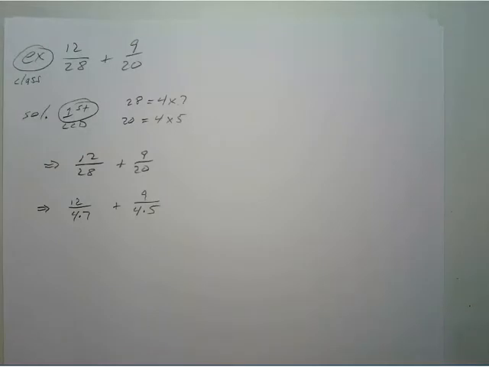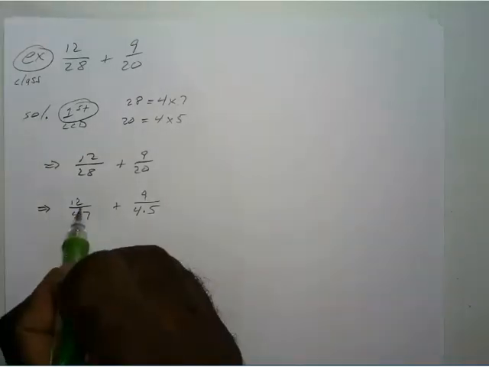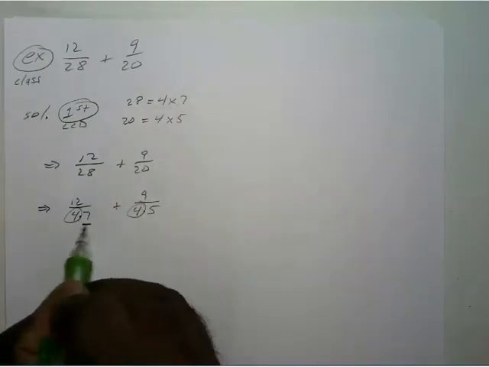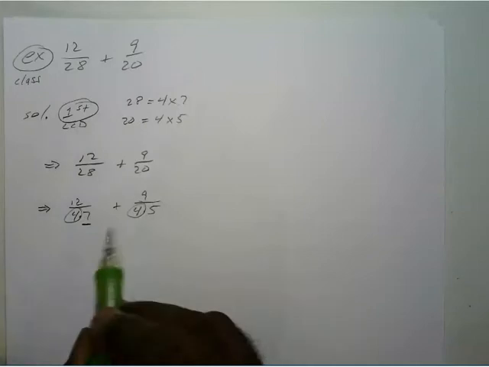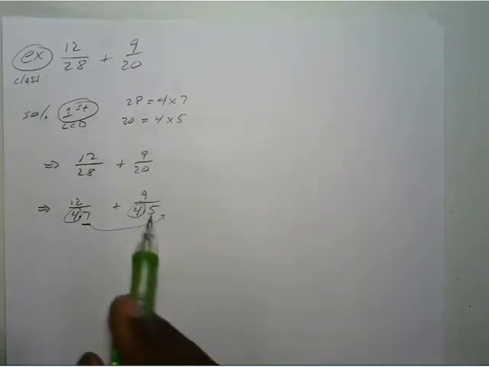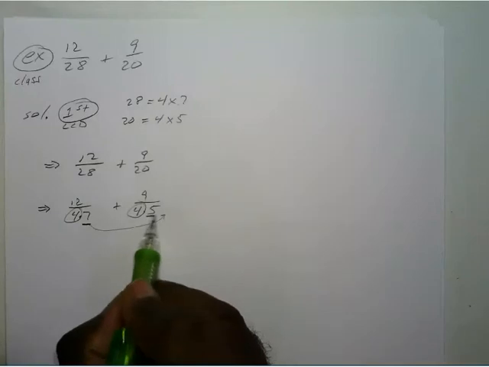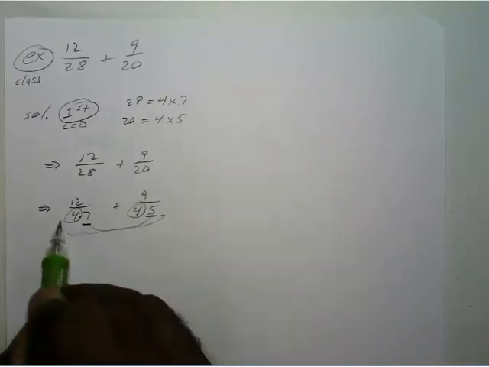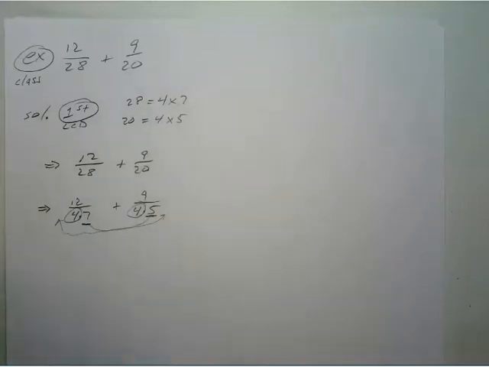Okay, and again, now we go to matching up. We have a 4 here and a 4 there, so we're good. We have a 7 here, but we don't have a 7 on this one. So we know we're going to multiply that next fraction by 7. Same here. We have a 5 here, but we don't have a 5 over here. So we know we're going to multiply this fraction by 5.